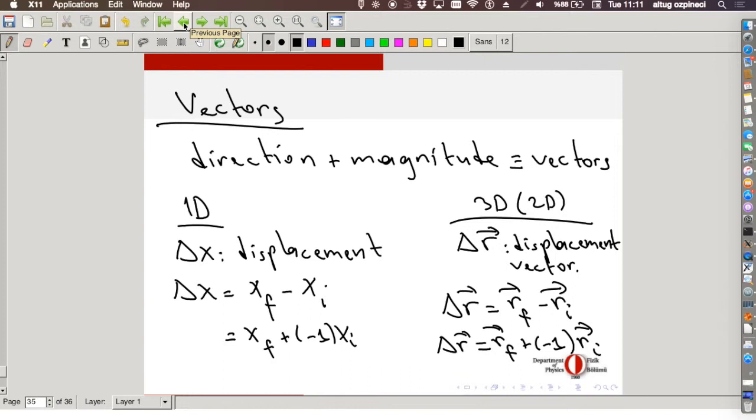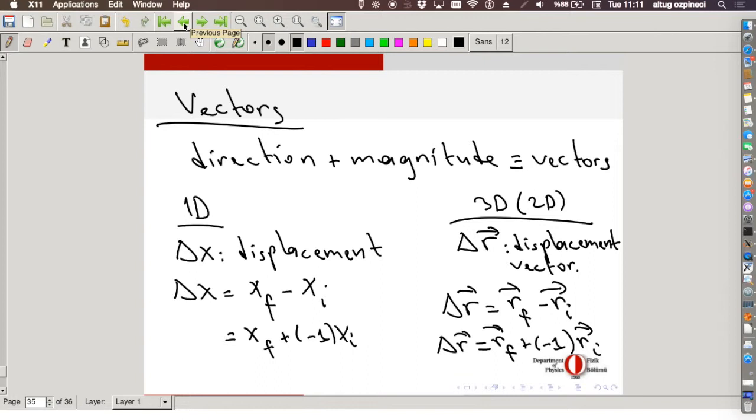Just like if you forget the units, you will lose points. If you forget the vector signs, you will also lose points. So if it is a vector, make sure that you explicitly specify that it's a vector by putting this vector sign. Because without the vector sign, as we will define in a moment, it will mean something else.